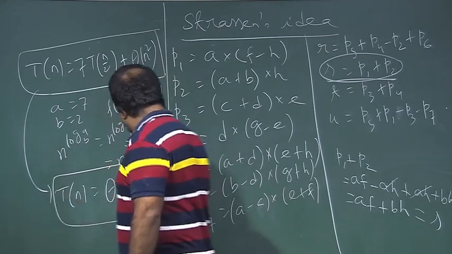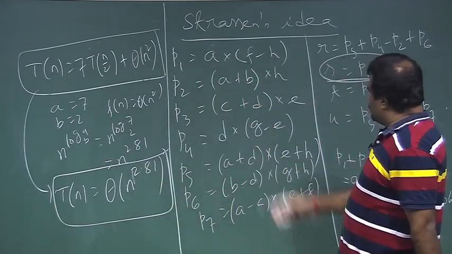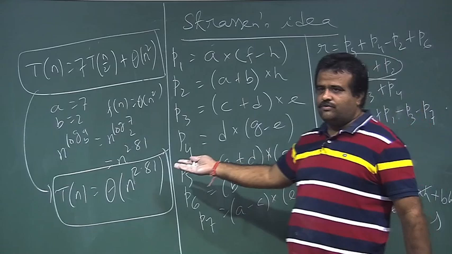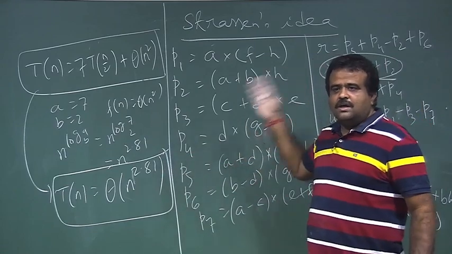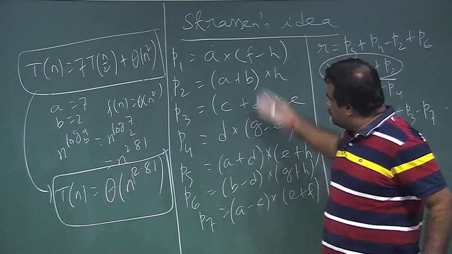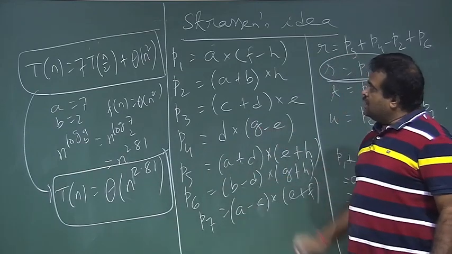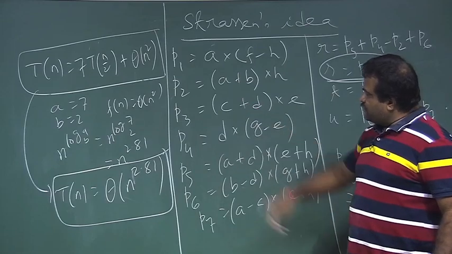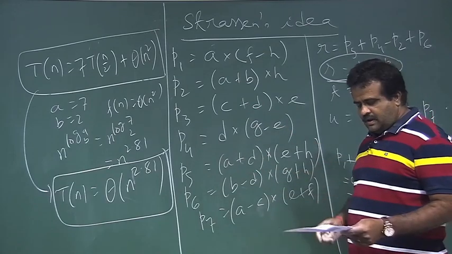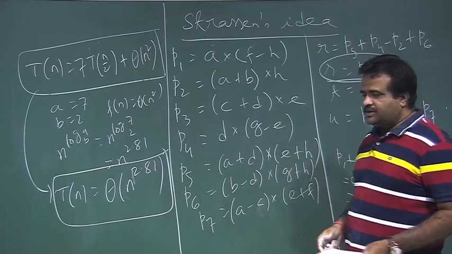So, this is also case 1, and the solution is T(n) equals n to the power 2.81. This is the time complexity for Strassen's matrix multiplication. This is much better than n cube, which was the standard method or just the divide and conquer technique. This is also divide and conquer, but we reduced the matrix multiplications from 8 to 7, which is a good gain. So, this is Strassen's idea.